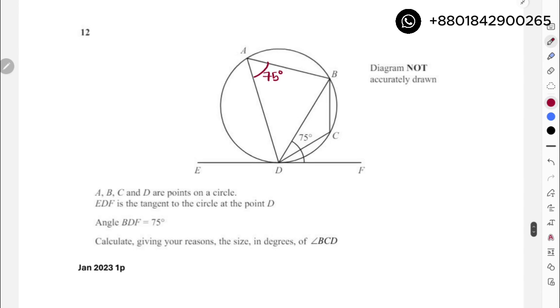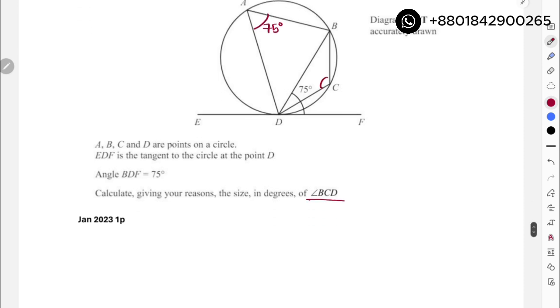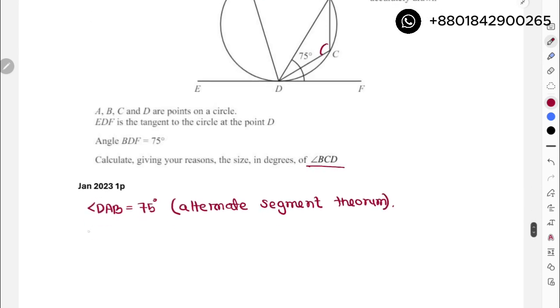We need to find out the angle BCD, right? Yeah, we can easily find this then. BCD is the opposite angle of the cyclic quadrilateral. So first I have to say that DAB is going to be equal to 75 degrees under the alternate segment theorem. And after this, now we can calculate the angle BCD.